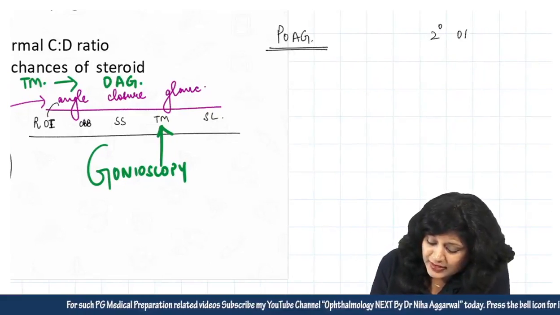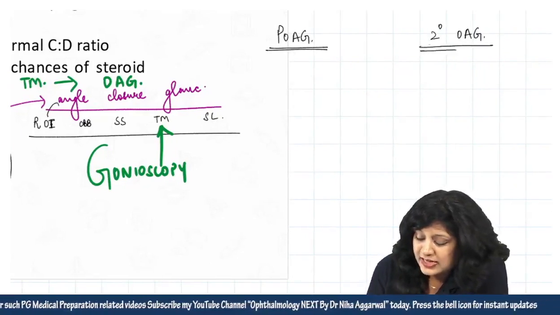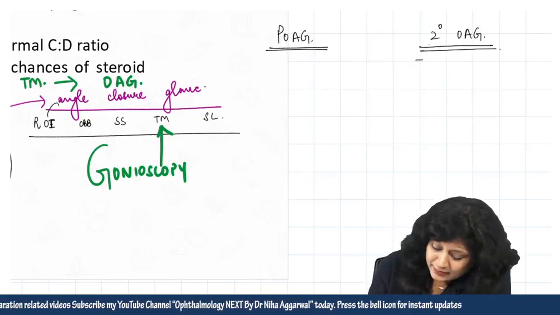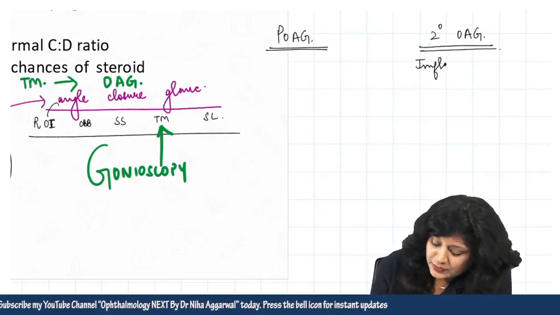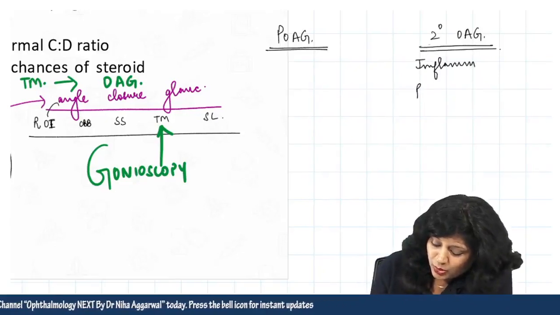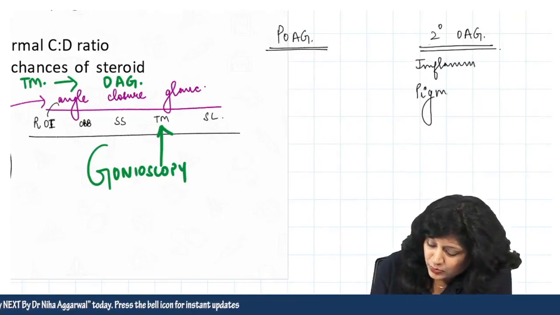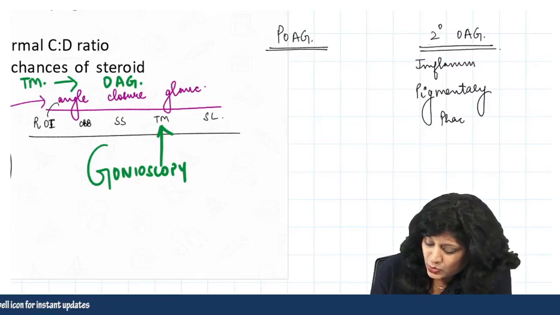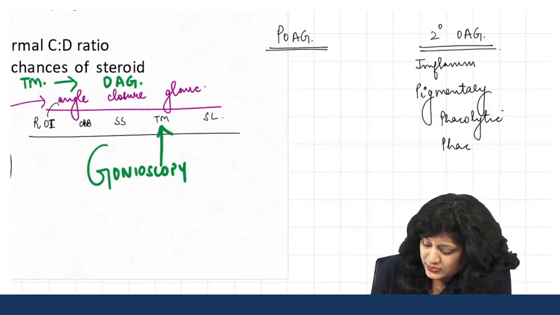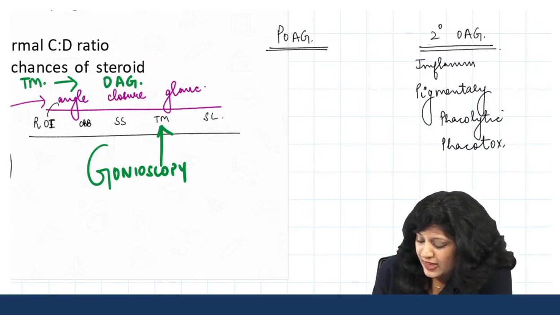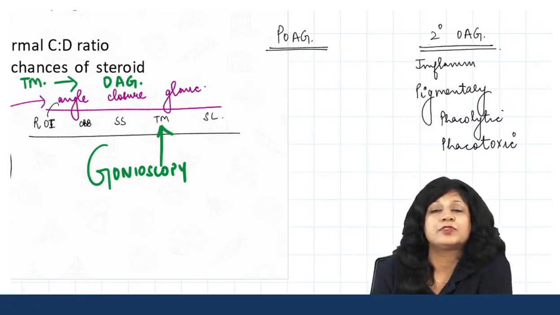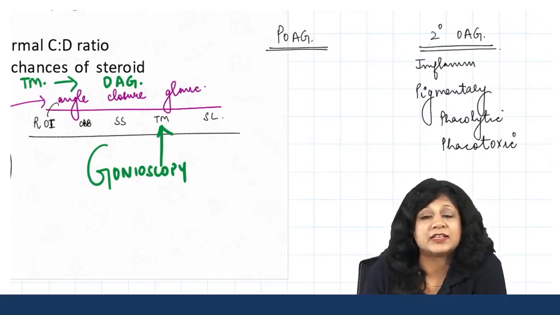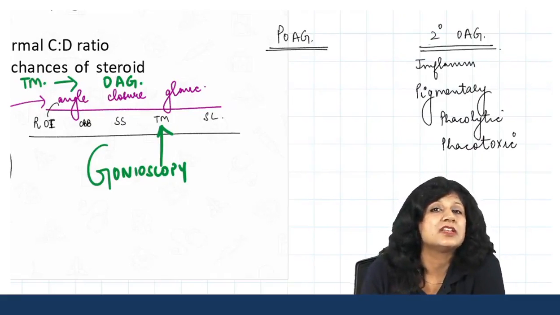So in the secondary open angle glaucoma, it can be inflammatory glaucoma, or it can be a pigmentary glaucoma, or we can have the phacolytic glaucoma, or we can have the phacotoxic glaucoma. So whenever we have the known cause of the blockade of the trabecular meshwork, then you are seeing it, but again that is not seen on the gonioscopy.